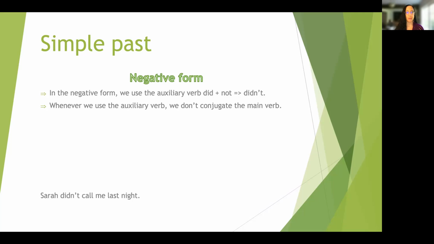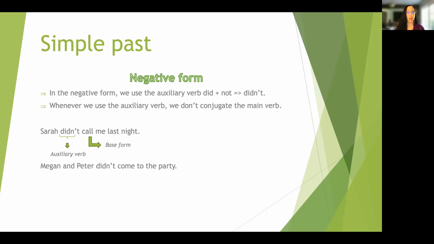I'll give you some examples. Sarah didn't call me last night, okay? Didn't is the auxiliary verb. Remember, the auxiliary verb is the helping verb. What do you think is the main verb here? Call. This is the base form.